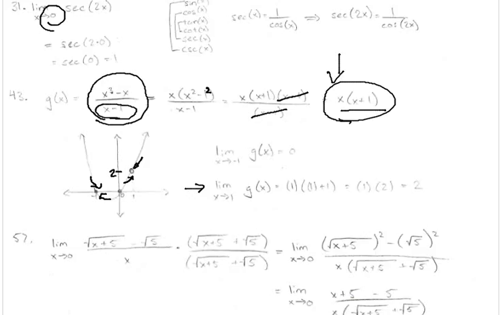Negative 1 cubed, which is negative 1, minus negative 1, which becomes plus 1. So therefore we would get 0 in the numerator, which would drive the whole thing down to 0. So for part A, it's 2, and for part B, it is 0. Verified both visually and analytically.